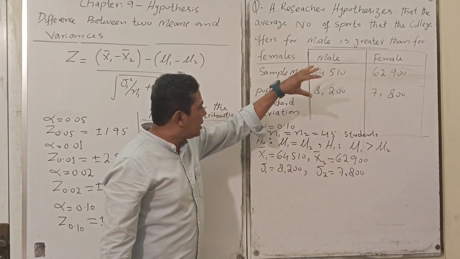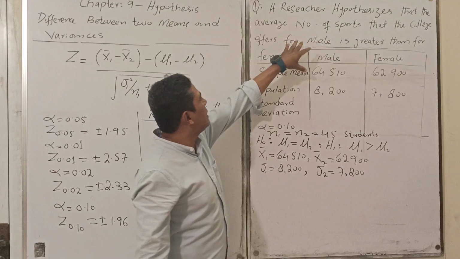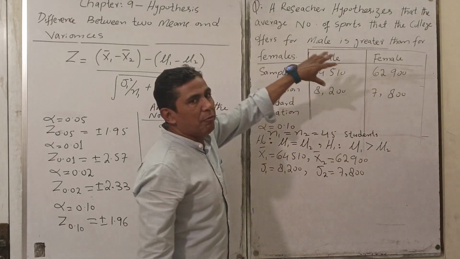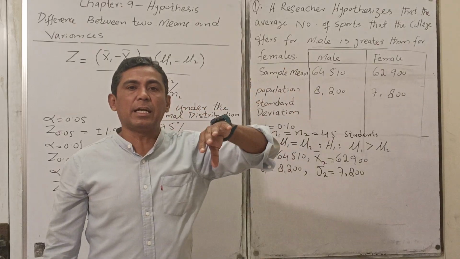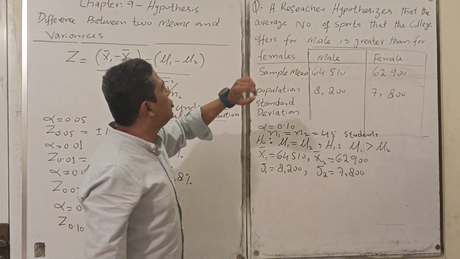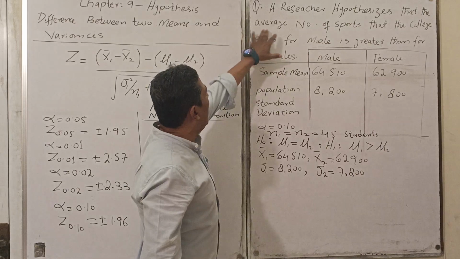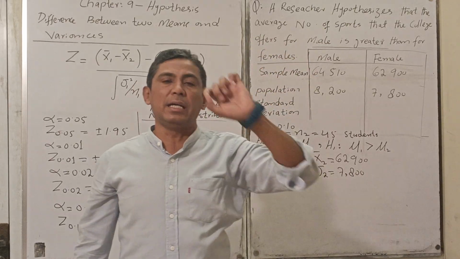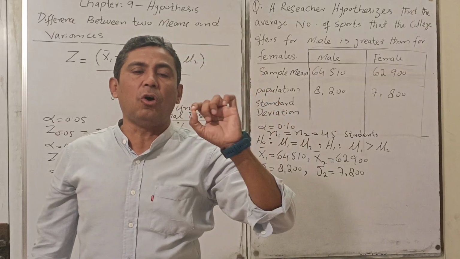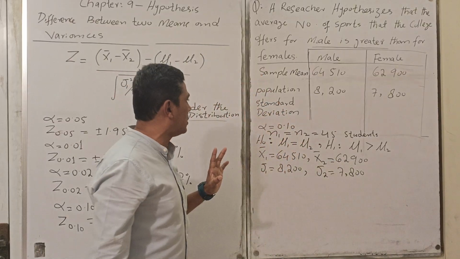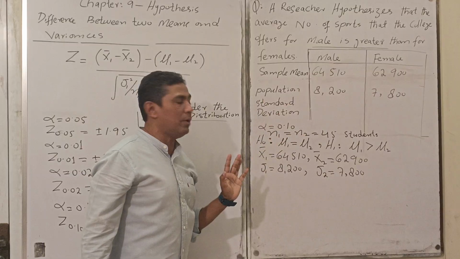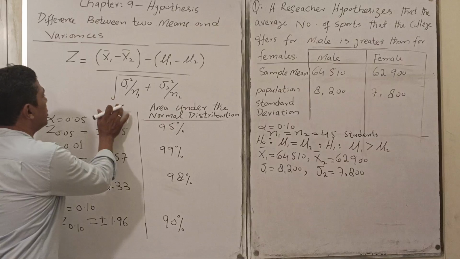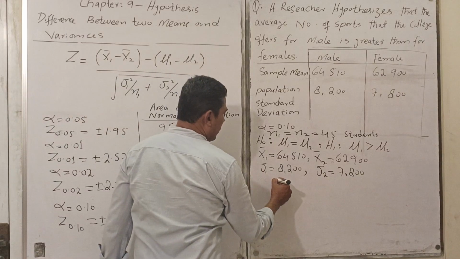And now test the hypothesis that male is greater than female, that is, the average of male is greater than female. You have to test the hypothesis that the average number of sports offered for male is greater than that offered for female. So all the values are given. Just substitute here. It is a very basic question. Just substitute here to calculate the Z value.